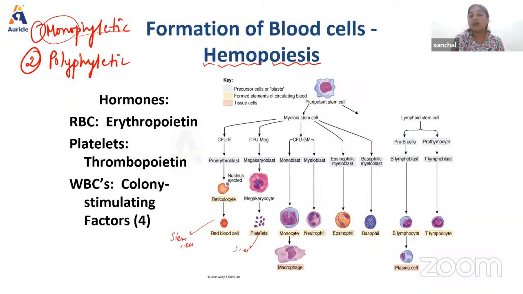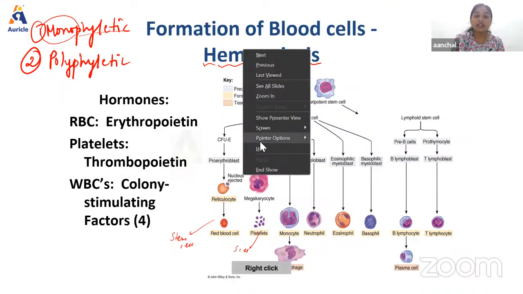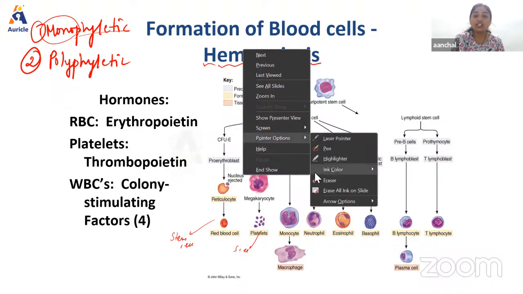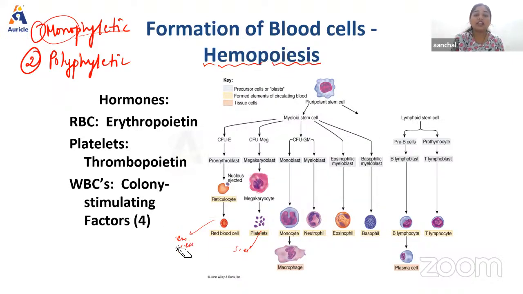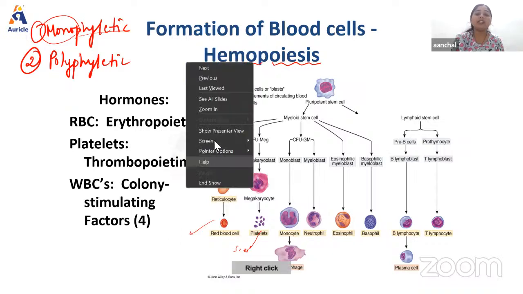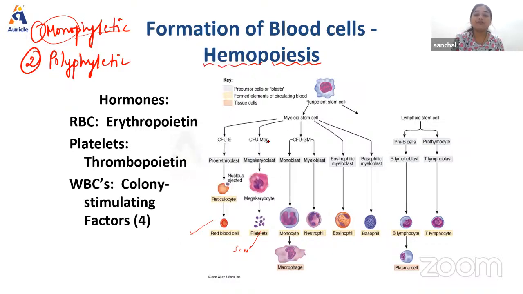For WBC, different stem cells are there. But the theory we are considering right now is the monophyletic theory, which indicates that only a single mother cell is present for the production of all the various types of cells, and that is known as the pluripotent stem cell.